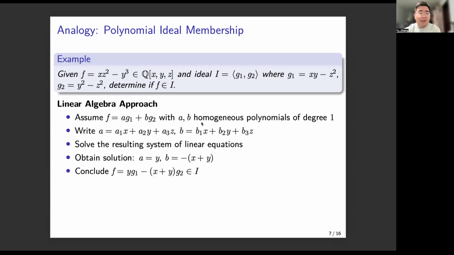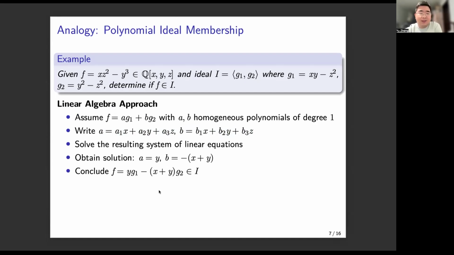All right, so back to this example, we know a and b are linear, so we can assume they have the following form, because there are only three monomials which have degree 1. Then we can substitute a and b into the equation and solve the system of linear equations. We obtain the solution, and the solution indicates f indeed belongs to this ideal.